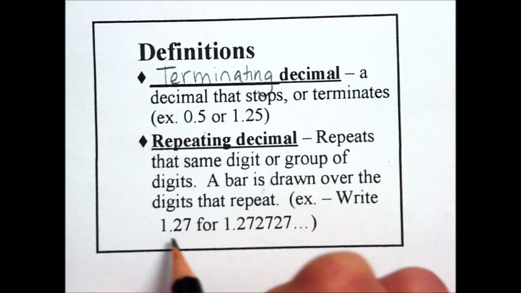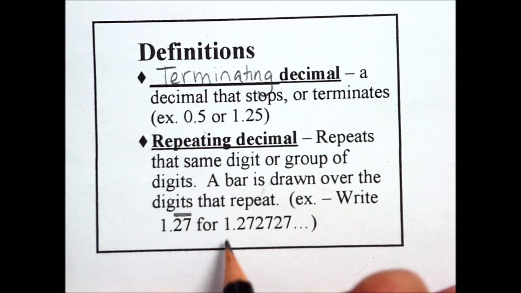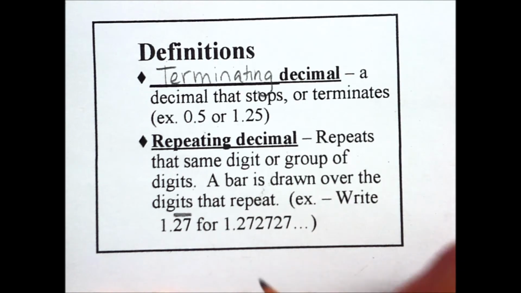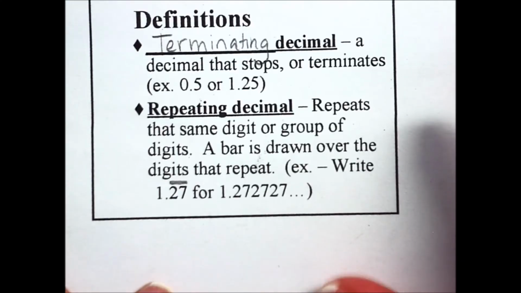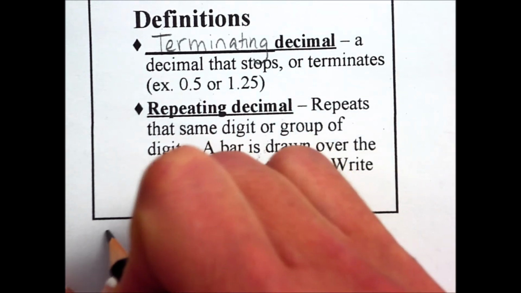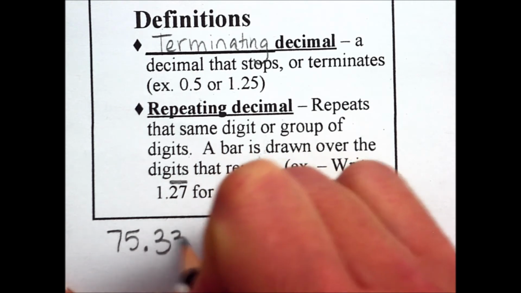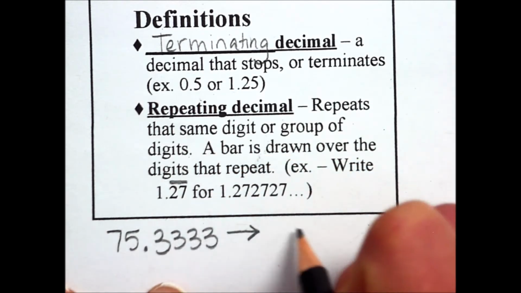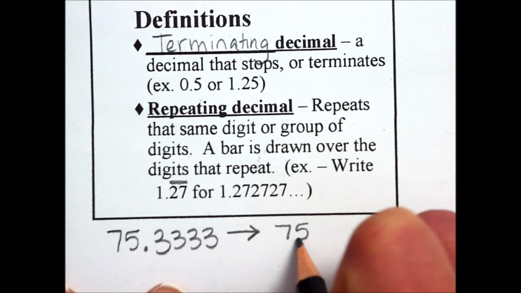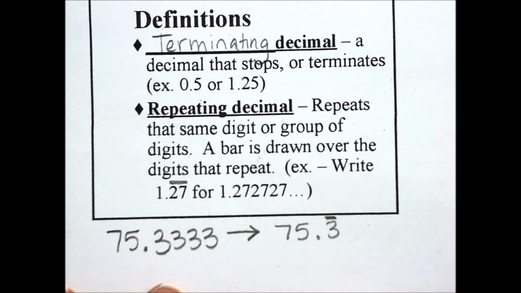So for example, we'll do 1 27/100, but we'll put a bar over the 2 and 7 if we ended up with an answer that repeated the 2727. Here are a couple more examples. If I have the number 75 and then the decimal, and then I have 3's that repeat, I'll write this as 75 3/10 and put the bar over just one number 3.